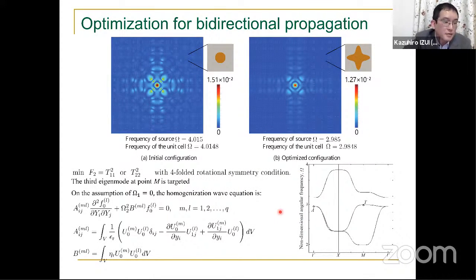And the third example is a design of bidirectional propagation mode. We use this type of objective function. And this is an optimal solution and we successfully observed plus-shaped propagation in this example.